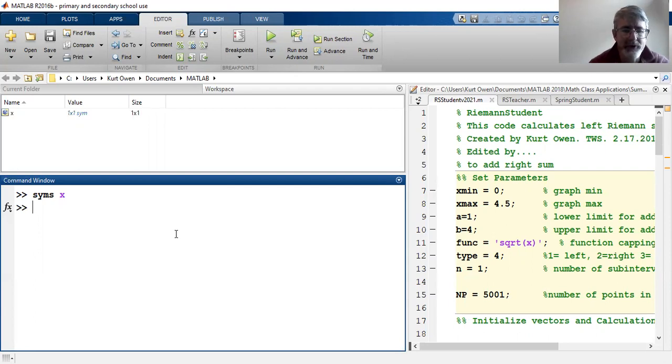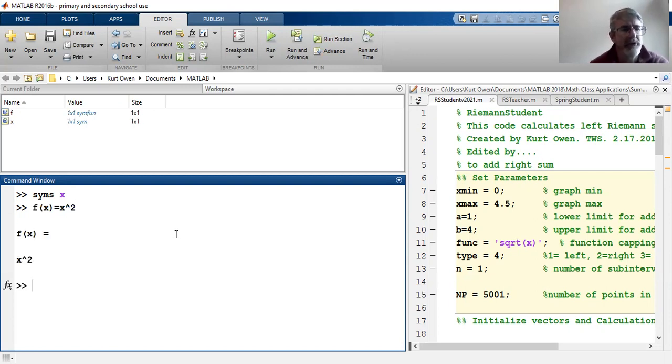Now let's declare f(x) to be the function x squared. I do not need to put the dot in, because x represents all possible x's as opposed to a vector of x values, so there's no dot necessary.